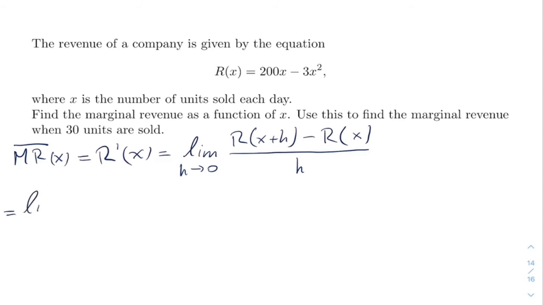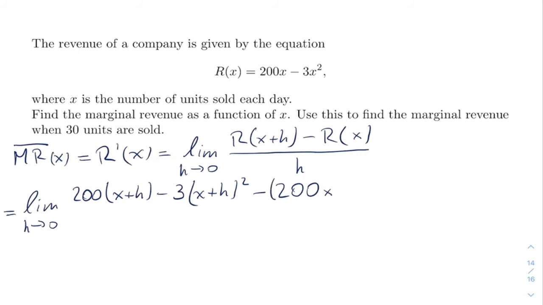So this will be equal to the limit when h goes to 0 of 200 times (x plus h) minus 3 times (x plus h) squared, minus parentheses 200x minus 3x squared, and all this divided by h.